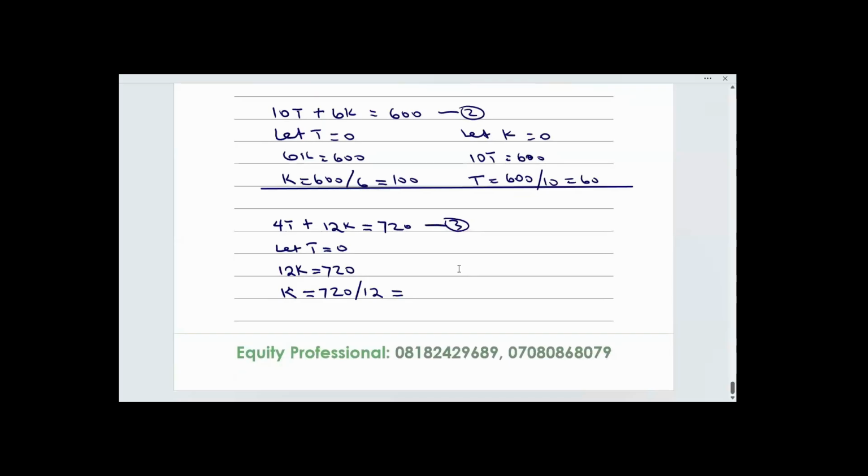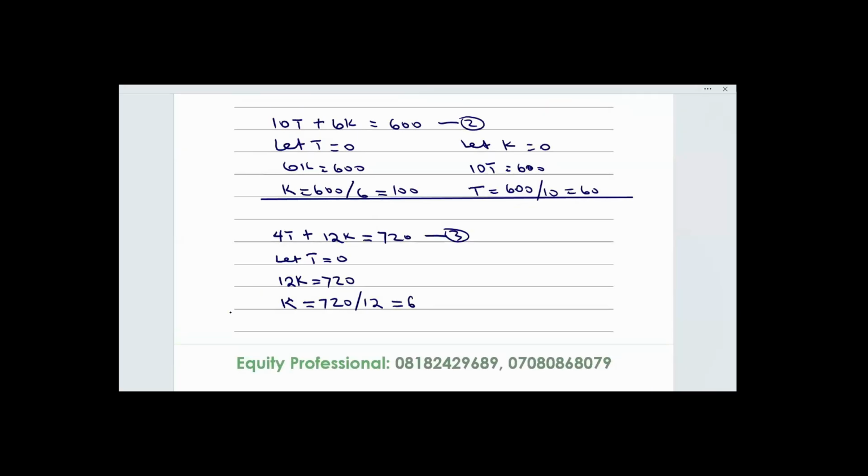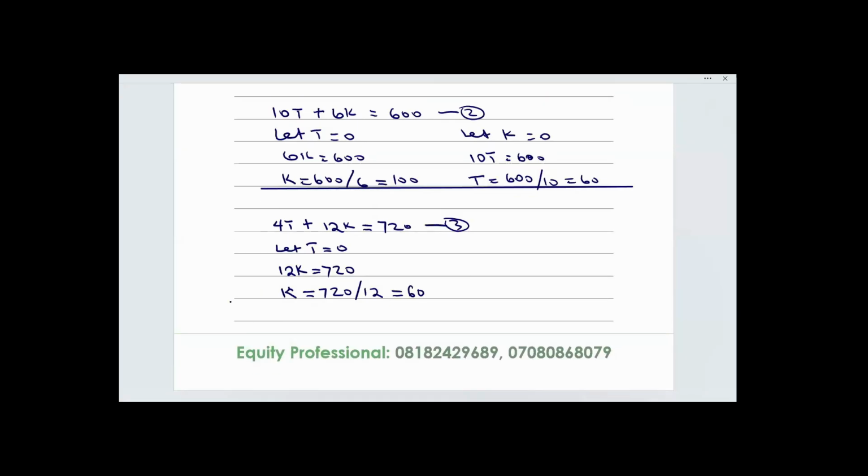That should be 60, I think. Let me confirm. Yes. Okay, 60. All right. Then let's take K equal to 0. If K is equal to 0, then 4T will be equal to 720.